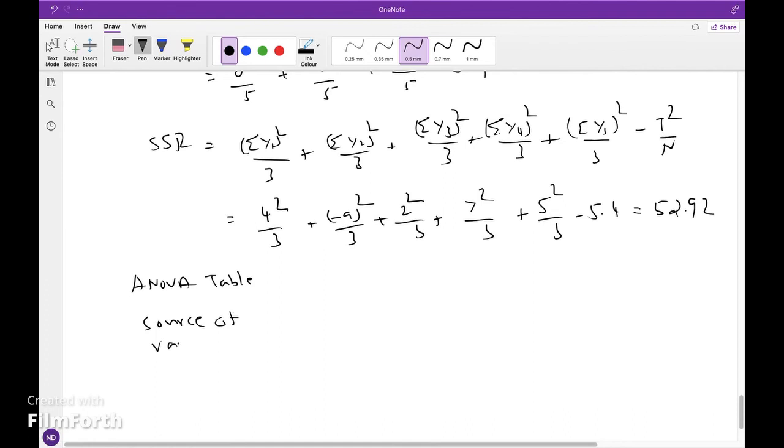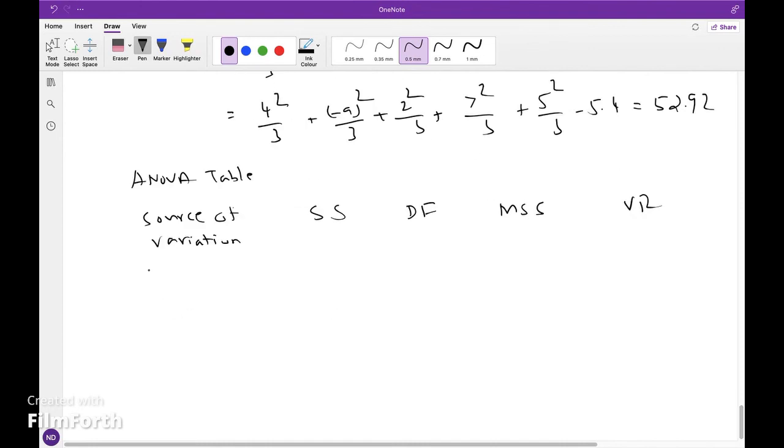Source of variation, sum of squares, degrees of freedom, mean sum of squares, variation ratio. Here between columns, then between rows, and error.